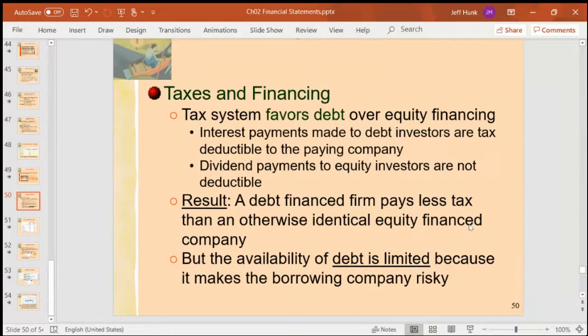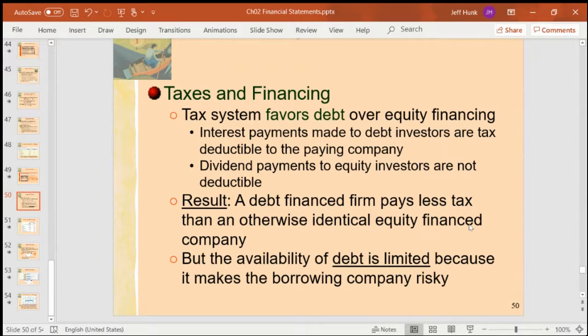Most companies would find the optimal capital structure somewhere between 60% and 70% equity, which means 40% to 30% debt.